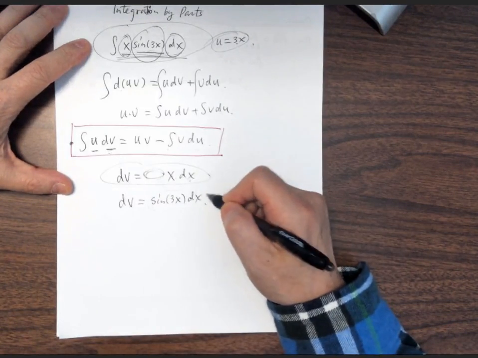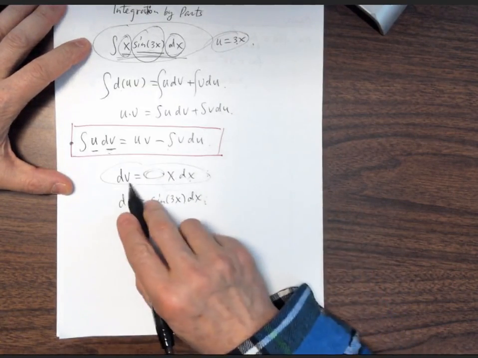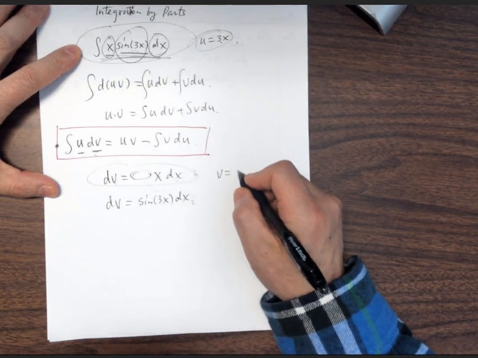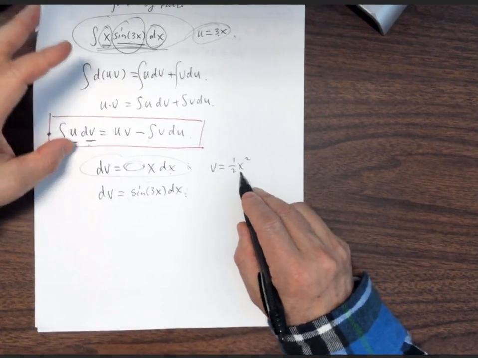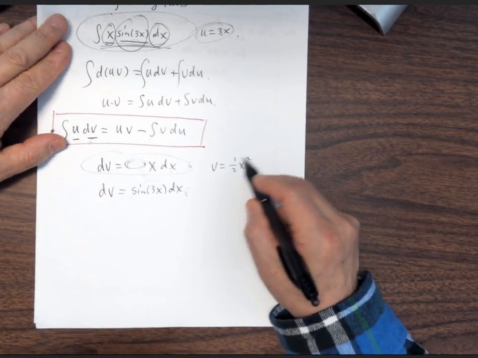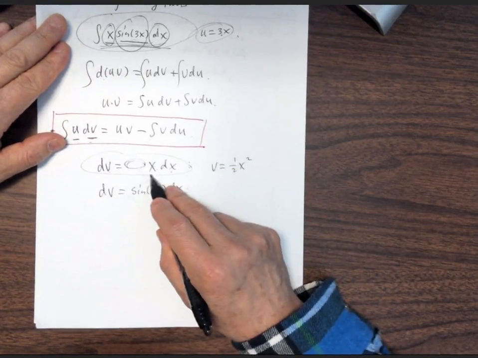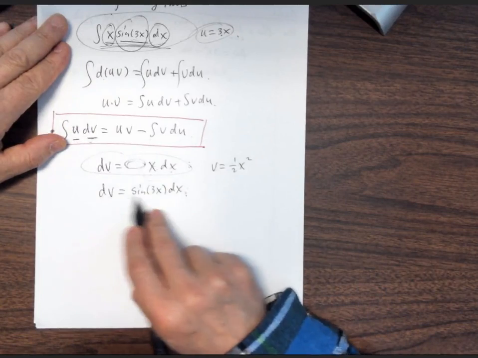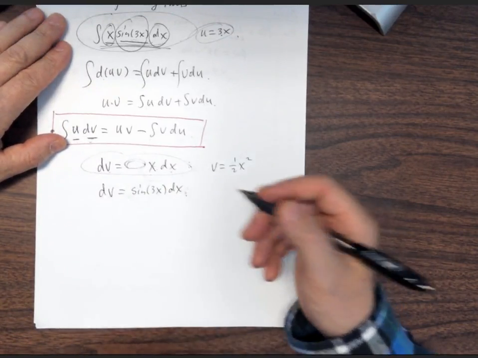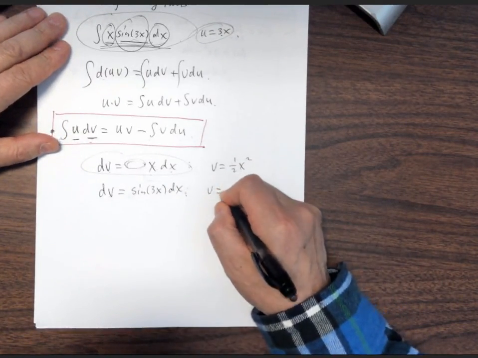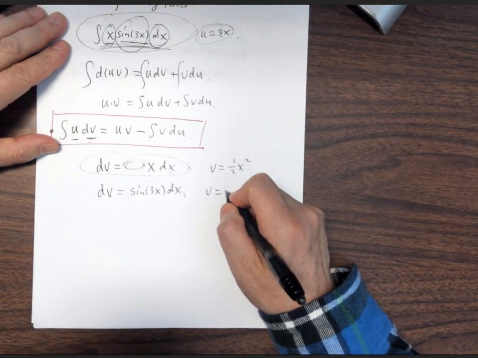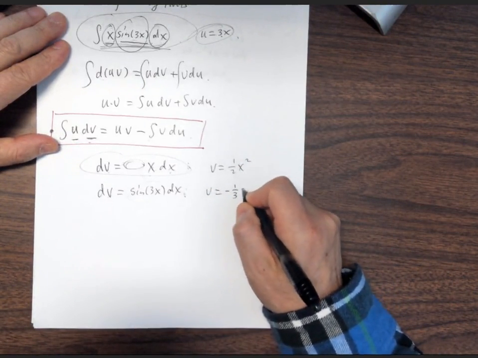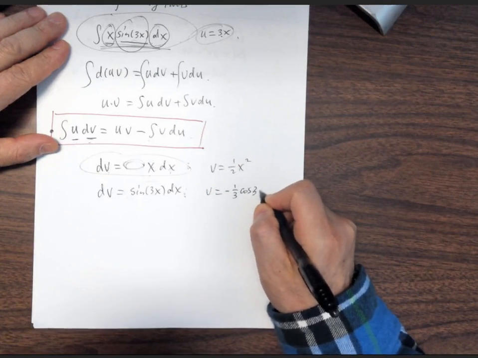Now let's check these two options. If we integrate, v would equal 1/2 x squared. That's not preferable because you end up with a more complicated function. Well, here dv equals sine 3x dx, you integrate, it will become negative 1/3 cosine 3x.